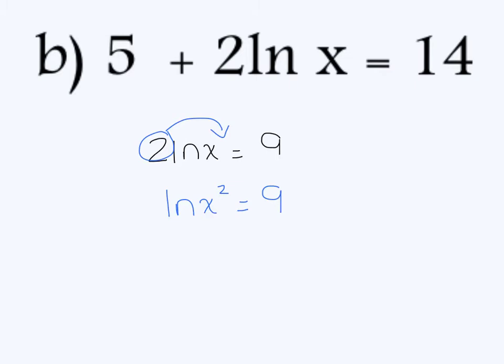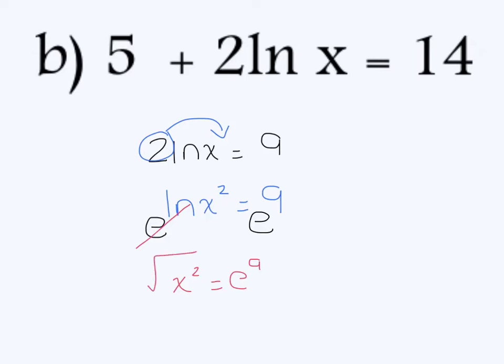If I exponentiate both sides, meaning I introduce e as a base and make this an exponent, then I'm able to see that these will in fact reduce. So I want to do it this way. And now I can clearly see this reduces, and I'm left with x squared equals e to the power of 9. What I want to do from here is solve for x.